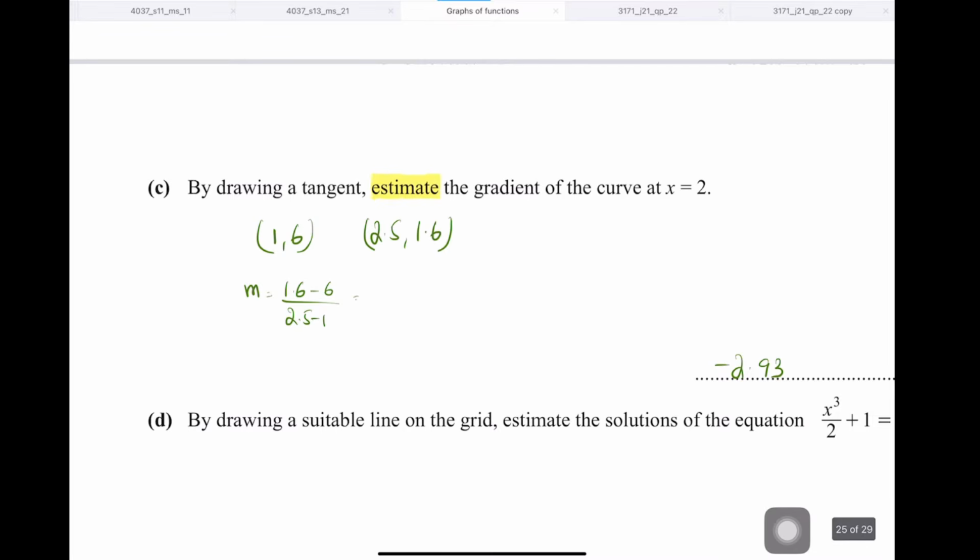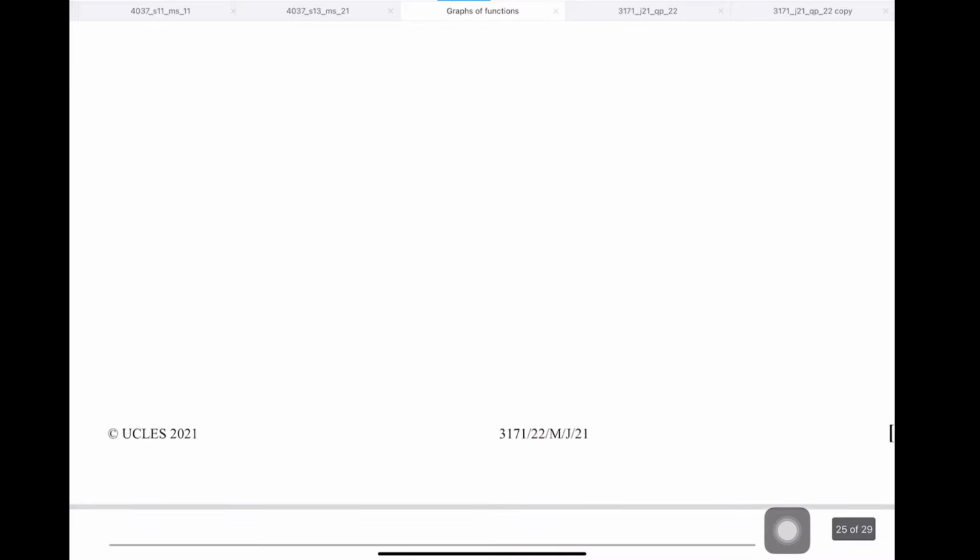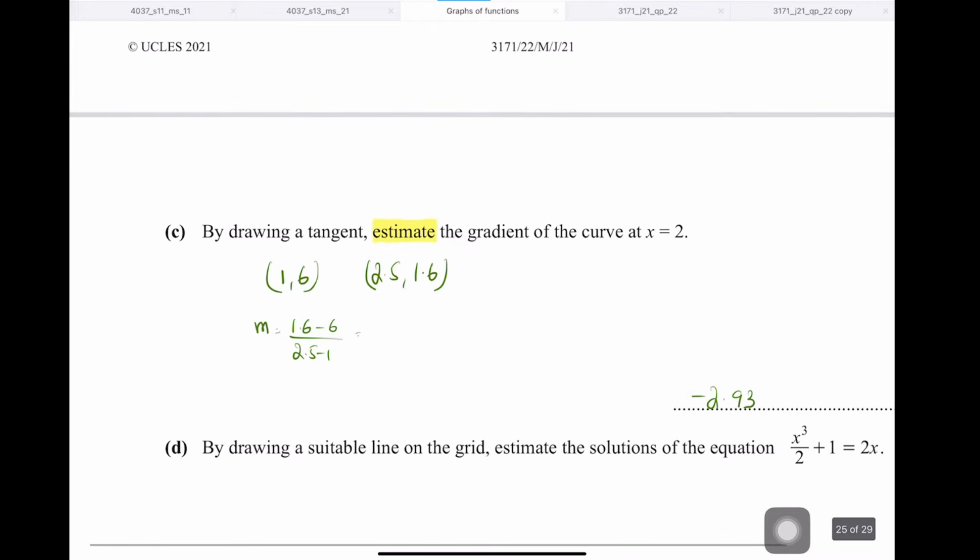Okay, that's fine. I'm just looking for the marking scheme so I can show you guys one thing, which is what the acceptable range is. Okay, so found it.